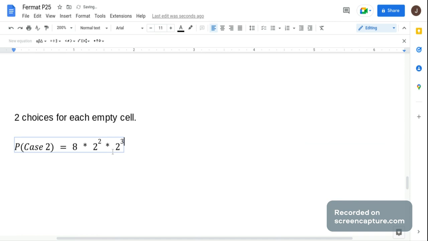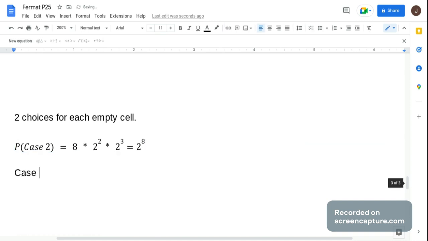So this will be equivalent to 2 to the power of 8. Great. Case 3 simply mirrors case 2.